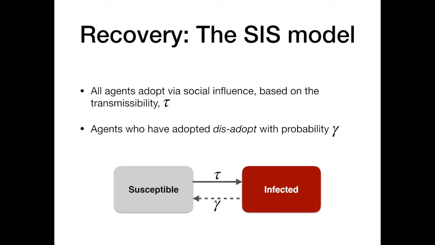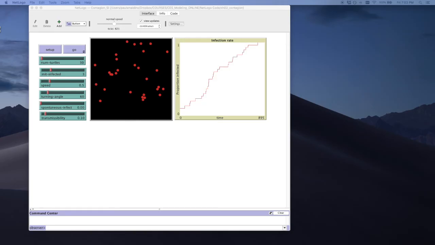What sort of dynamics does this yield? Right? So one thing you might think is, well, everyone will adopt, and then they'll recover. And so the number of infections will go up and then go down again, and that'll be that. Let's see what happens.